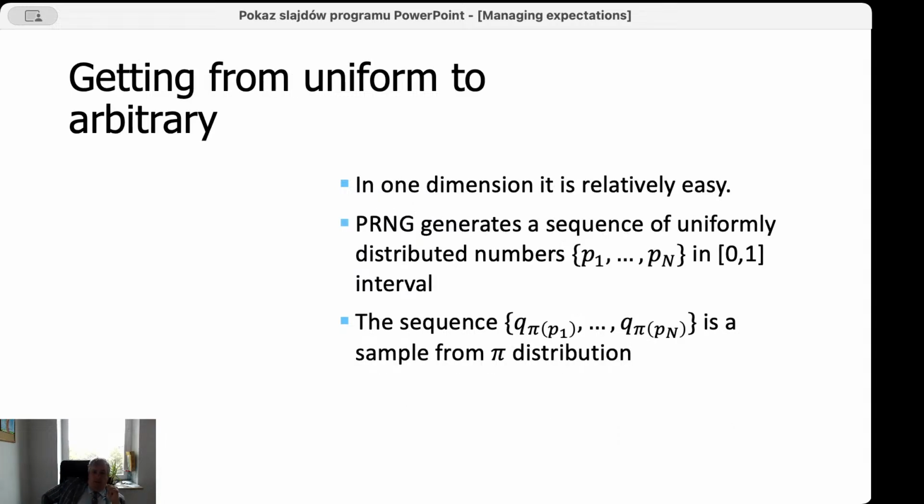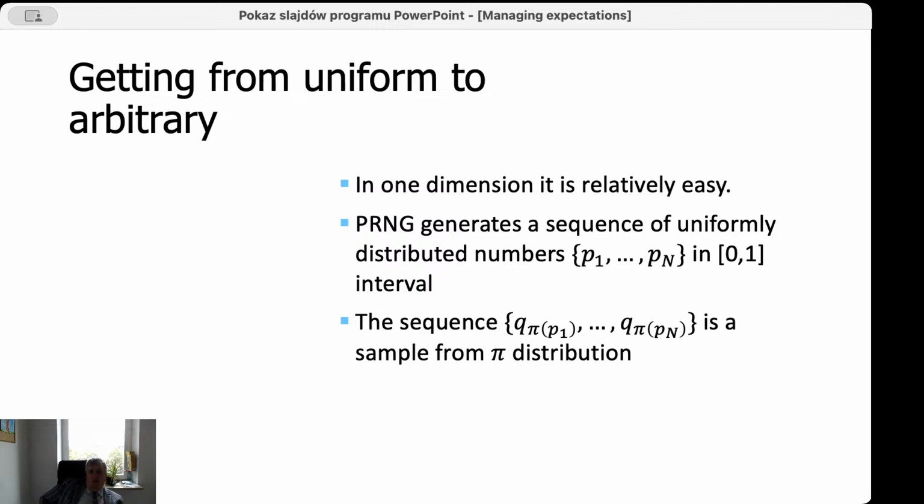And if we have a quantile function, then it is relatively easy to generate a sequence. However, quantile functions are unfortunately defined only on scalar distributions. So if we have a distribution of one dimension, then we can easily generate with a pseudo-random number generator a sequence of uniformly distributed numbers from P1 to Pn.